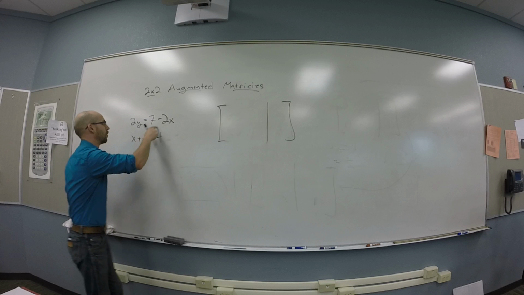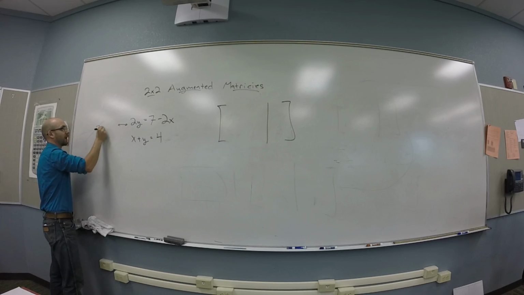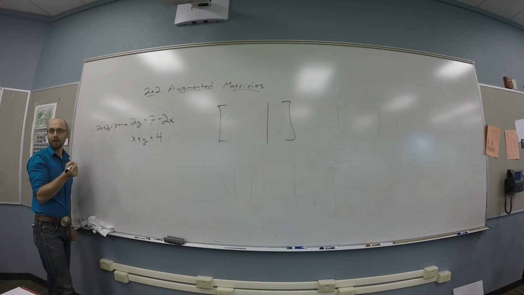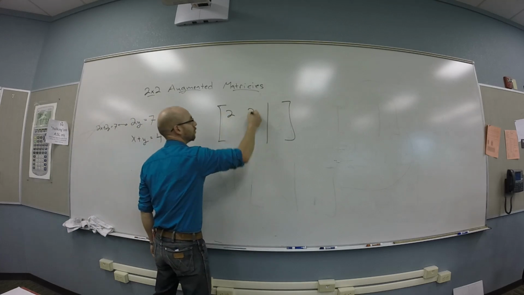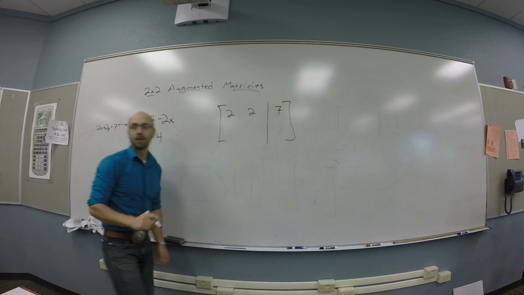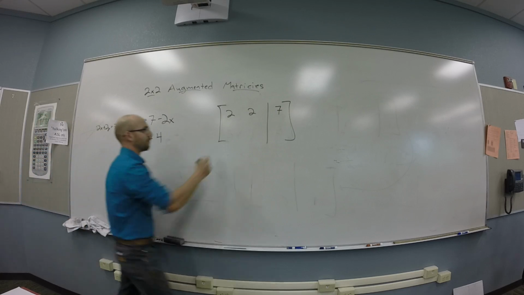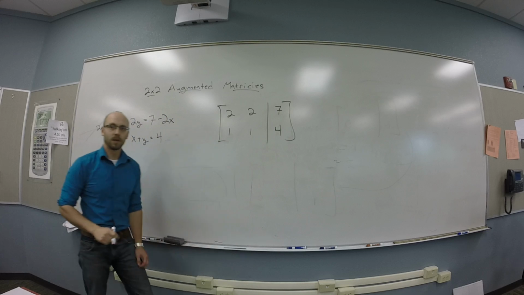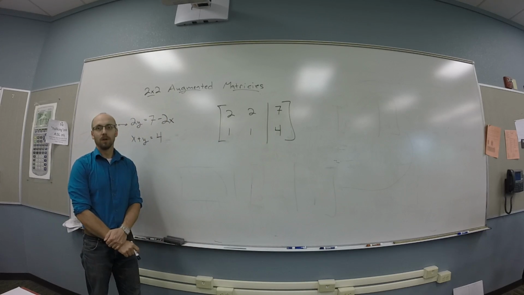So this equation contains the same information as 2x plus 2y is 7. You guys cool with me? So you've got to write them in standard form first. So you get 2, 2, 7. And then what's your other one, Reed? 1, 1, 4, right? Okay? So, now what?